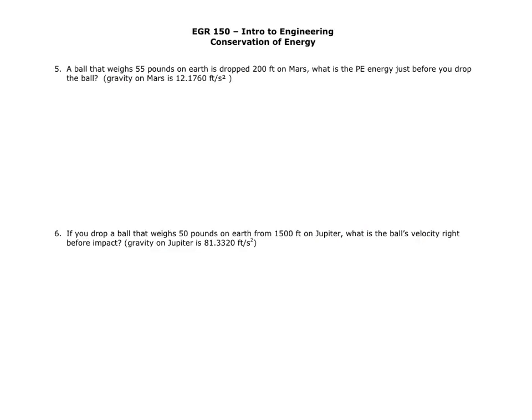Okay, number 5. A ball weighs 55 pounds on Earth, is dropped 200 feet on Mars. What is the potential energy just before you drop the ball? Now, for this one, we're going to need to use gravity on Earth and on Mars, right? Let's see what we're given.